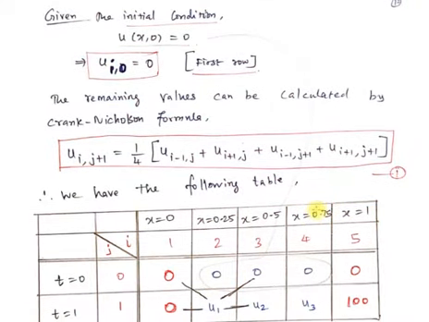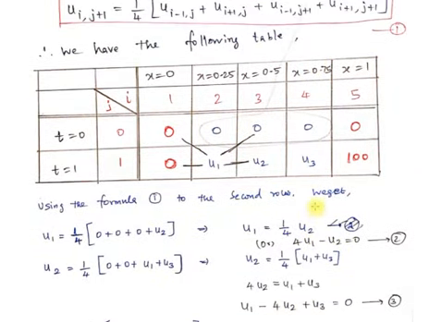Now we have the following table. X values 0 to 1 with increment 0.25. So x equal to 0, 0.25, 0.50, 0.75, 1.